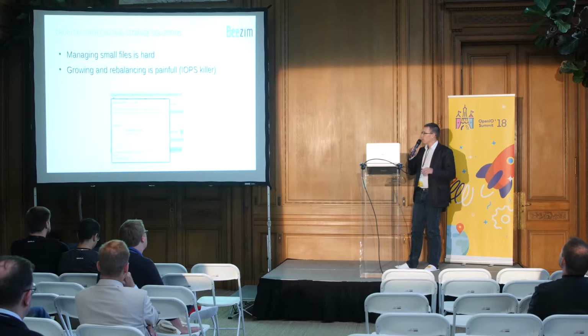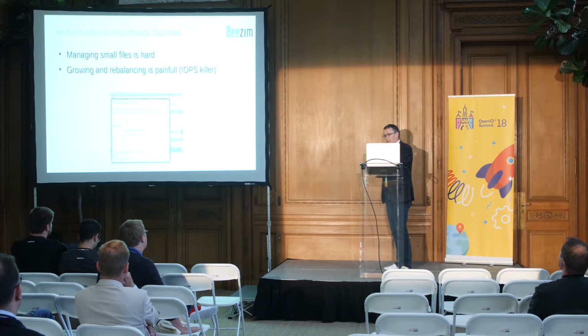Because if you have a lot of different files, each file will require at least one IOPS to be moved. So it's a lot of IOPS. And today, most of the time volumes are still working with spinners. So IOPS are performance killers.